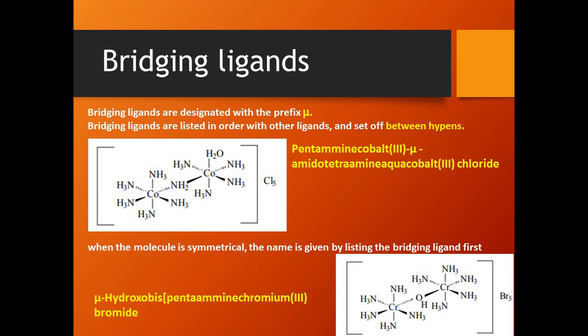So we have learnt all these 6 rules, and this rule on how to name the bridging ligands also, and from these parts I am sure you will be able to name coordination compounds very easily.